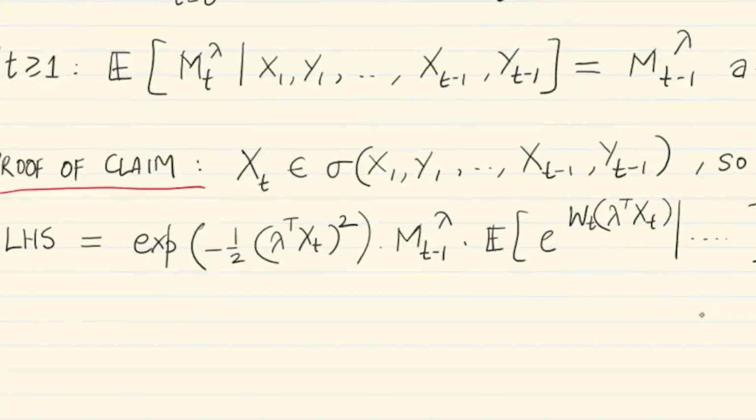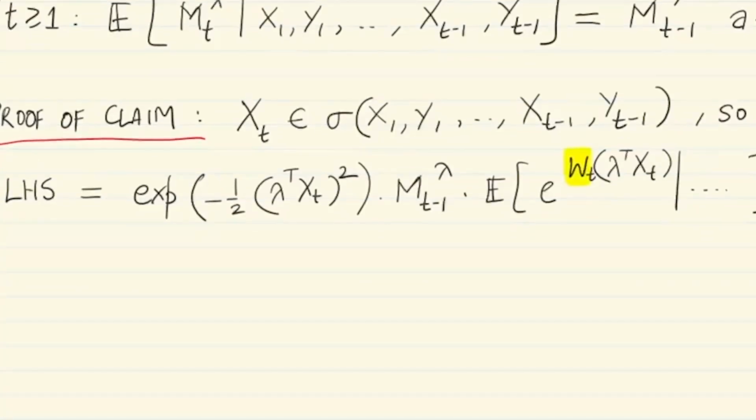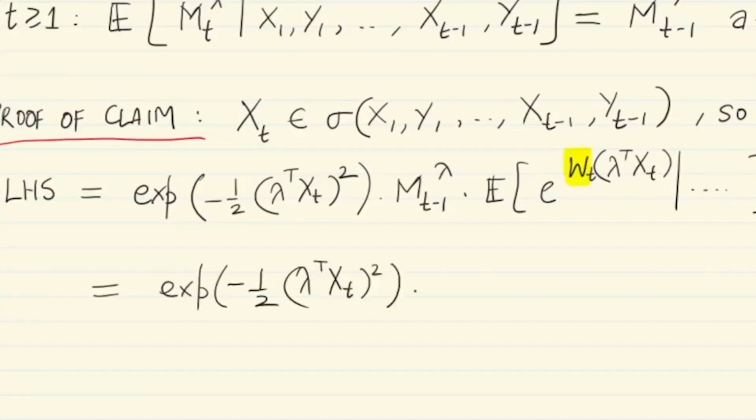And given everything in the past, the only randomness is in this w_t random variable, which is an independent standard Gaussian by assumption. The conditional expectation is exactly the moment generating function of w_t evaluated at this inner product lambda transpose x_t.